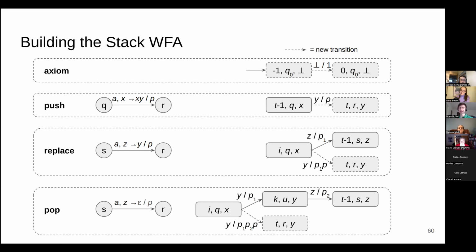Each rule means that if the PDA contains the transition to the left, then we add the dashed parts of the fragment on the right to the full stack WFA. This representation of the algorithm is purely functional. It doesn't specify the order in which to apply these rules, and nothing is ever deleted or changed destructively. It's just a nice, concise way of defining the essence of Lang's algorithm.